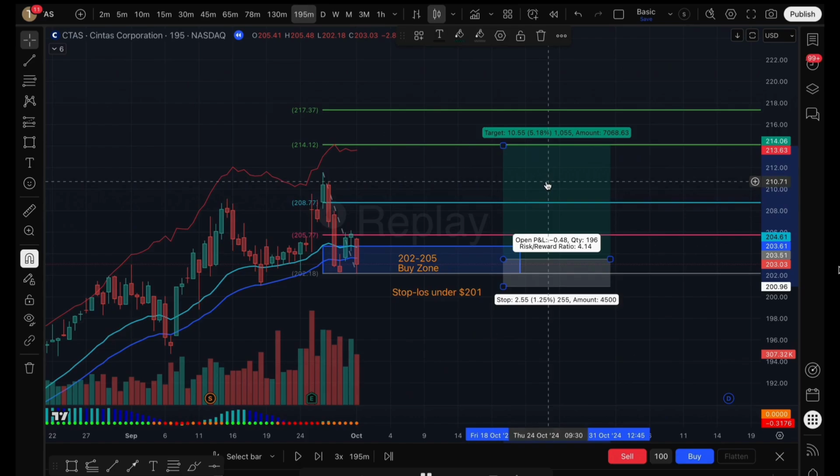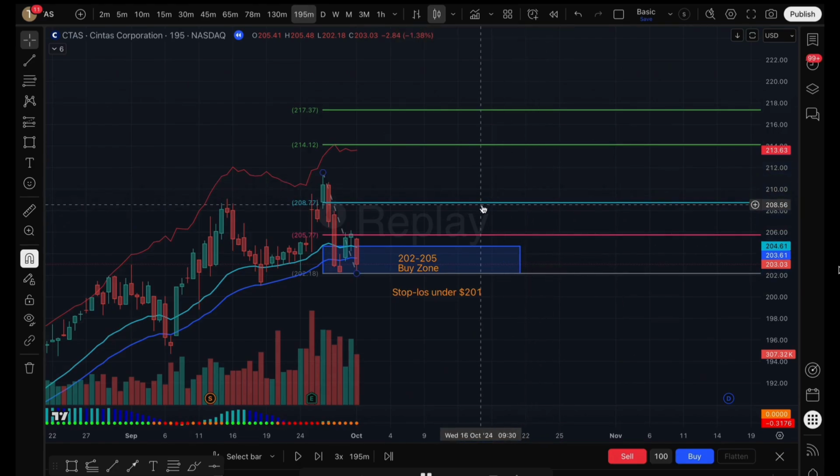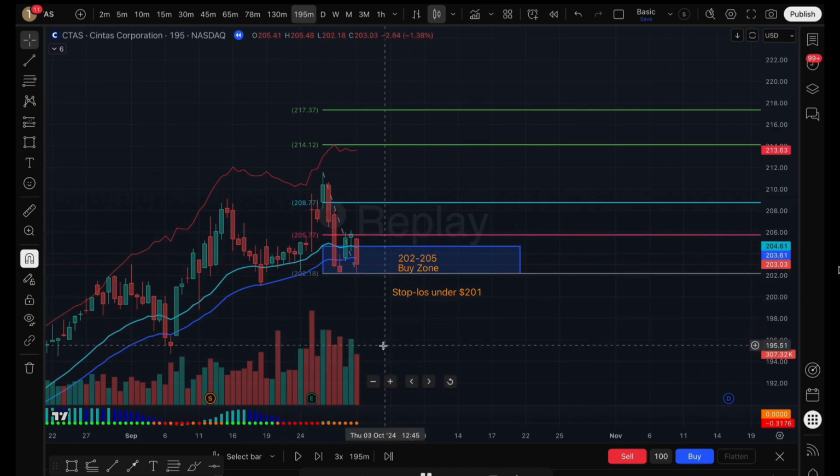So what I would do then is look at the options chain, see what kind of contracts I like. Ideally, 3 to 6 weeks out. So maybe 30 days on the contract, and I would get something at the money, maybe slightly out of the money, maybe a 205 call, 200 call, something like that.